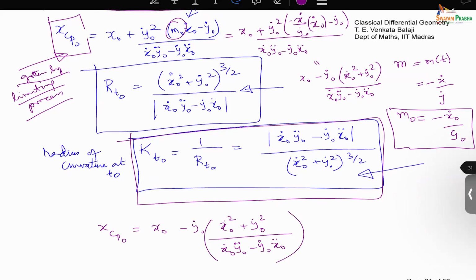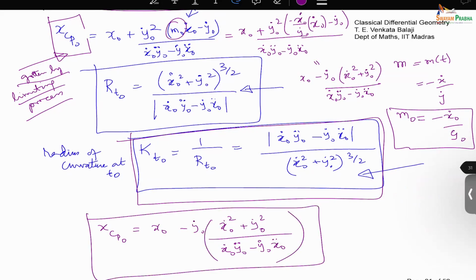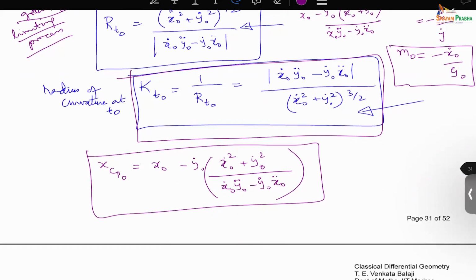Let me be careful. You will get this, so this is what it simplifies to. Now what will happen to the y Cp naught?